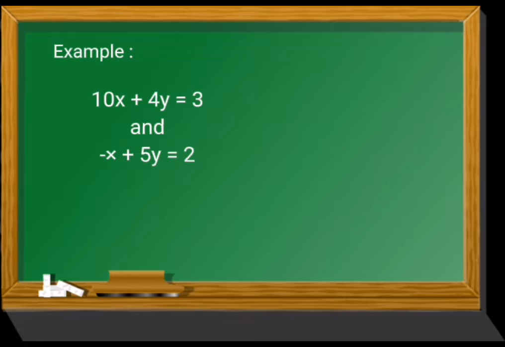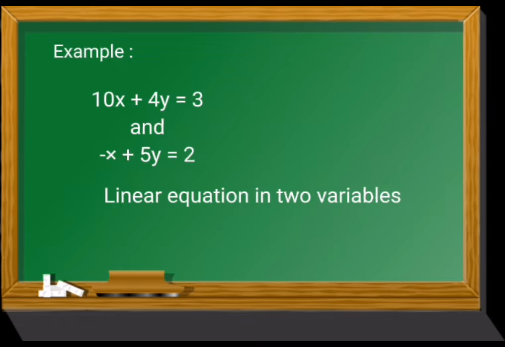For example, 10x plus 4y equals 3 and negative x plus 5y equals 2 are linear equations in two variables.